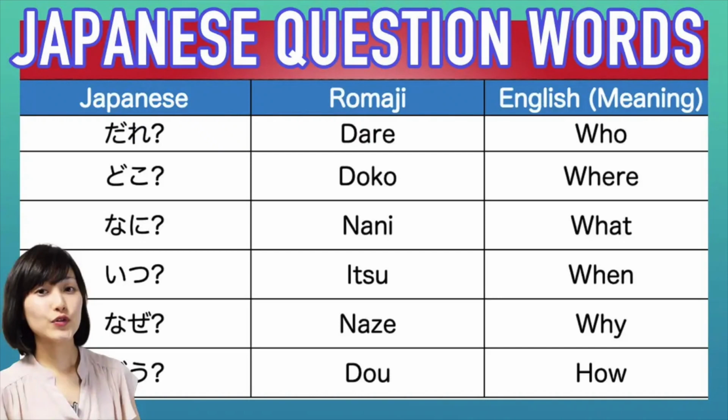A couple of things that I realized I know that I didn't even mention before were the question words. I know a couple question words like nani and nande. Nani is what, nande is why, and doko is where. If you want to ask questions, and ari for is there, arimasu ka?